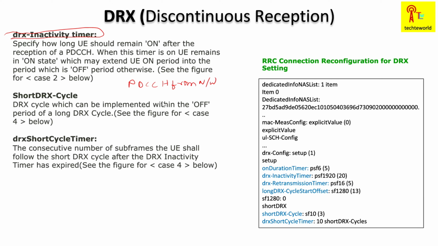As soon as it receives this PDCCH information, in the next instant it will switch on this DRX inactivity timer. As long as it is receiving the PDCCH data, this DRX inactivity timer will be on.